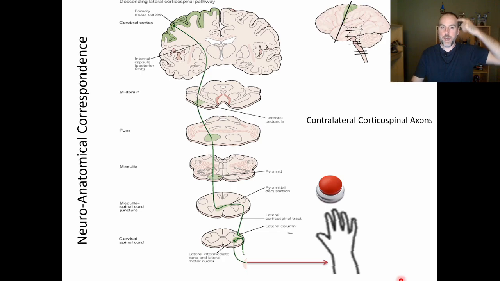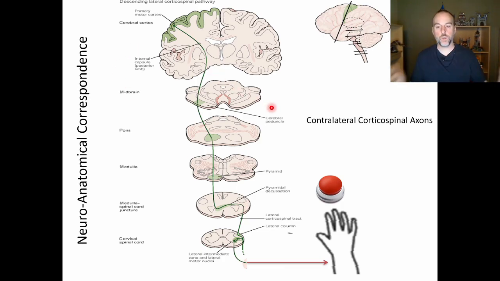It's going to go down the left side. It's then going to cross at the level of the brainstem, and this crossing we call a decussation. Then it continues to descend on the same side as the hand until it gets down to the appropriate level of the spinal cord to send that motor command out to those muscles.